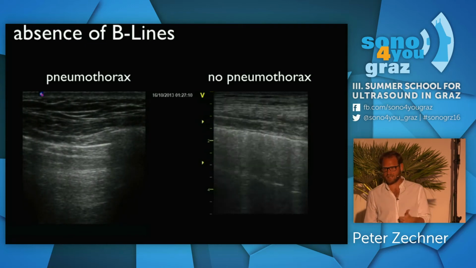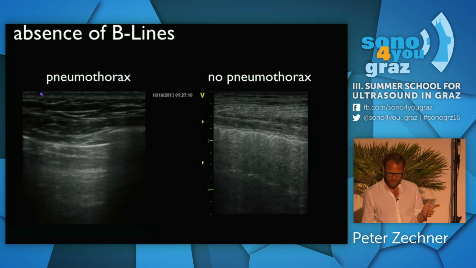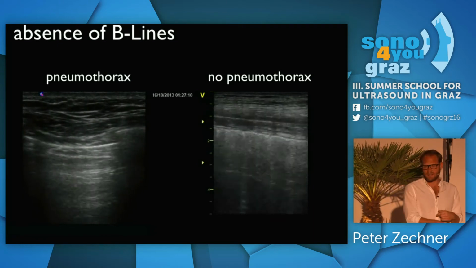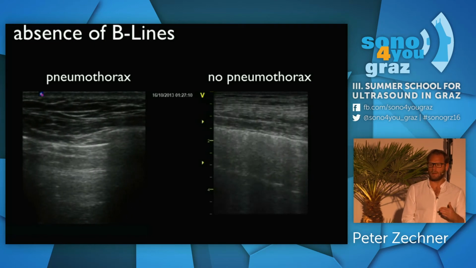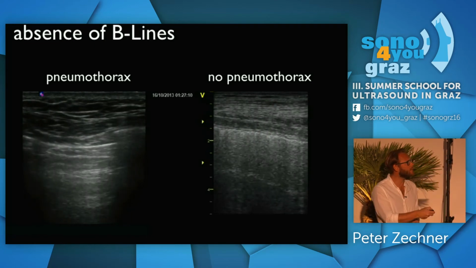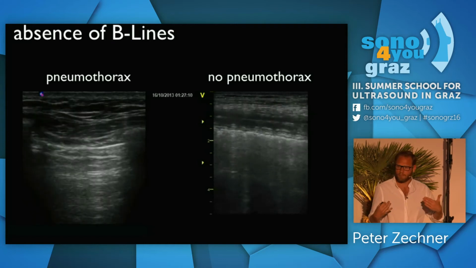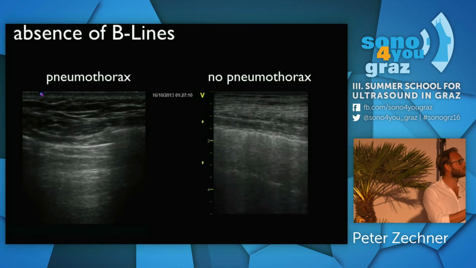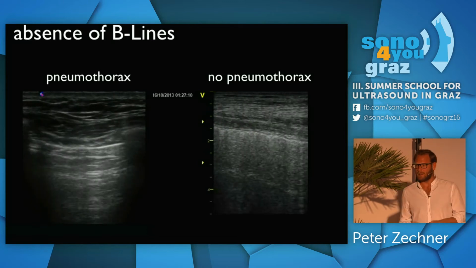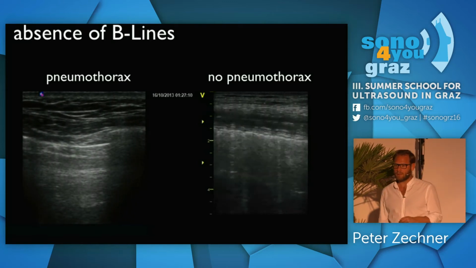So B lines exclude pneumothorax, everything okay. But do we see lung sliding in this patient? No, we do not see a sliding sign. We only see sliding of the whole picture because the patient is again in shortness of breath, but we do not see lung sliding. Any ideas what could be the problem in this patient?